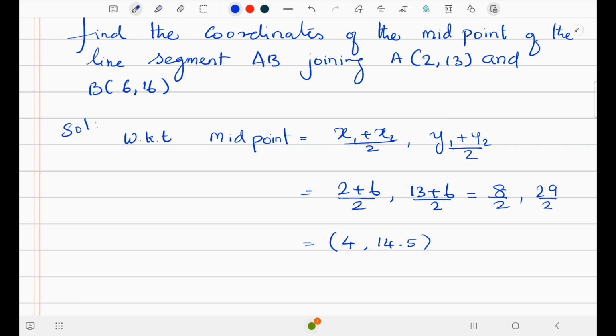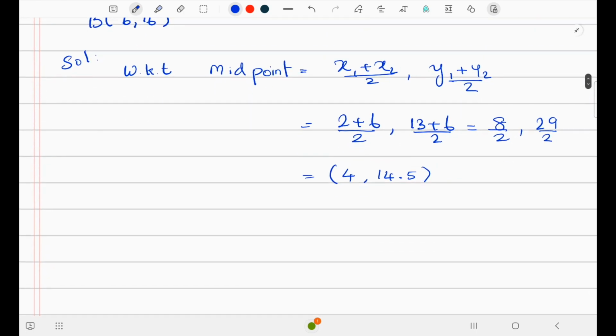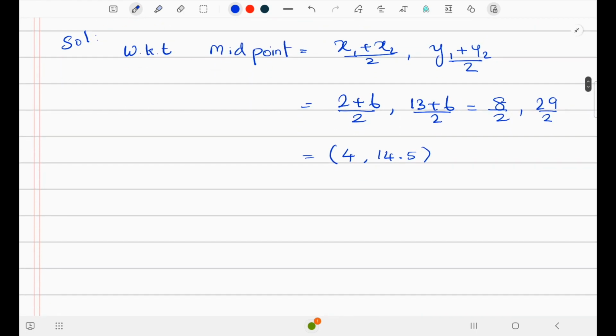In more formal terms, if you are given the coordinates of 2 points x1 y1 and x2 y2, then you can use the formula for the distance. So how to find the distance between the 2 points? We have to use the Pythagoras theorem.